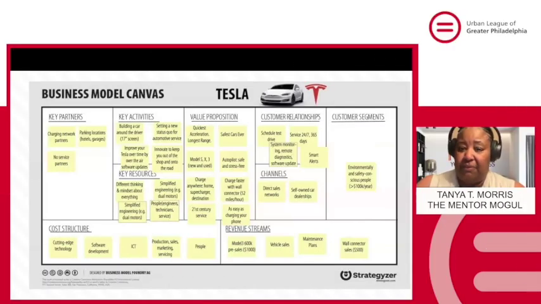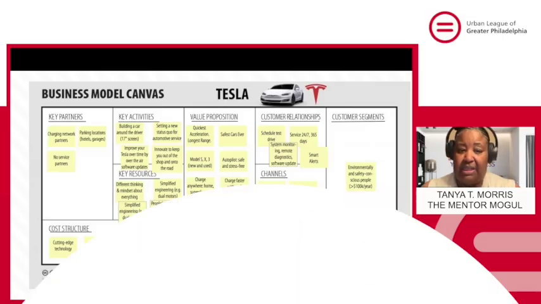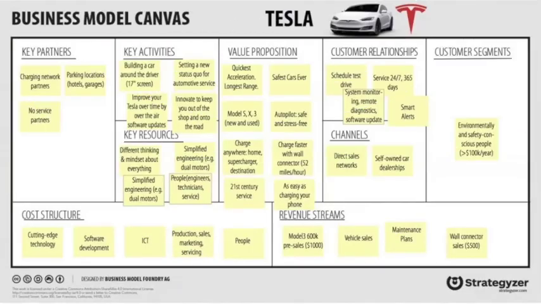This is the final look at the canvas itself, right? Key partners, key activities, key resources, value proposition, customer relations, customer segment, revenue stream, cost structure. And again, I like to look at it as the left side and the right side, stemming from the value proposition.